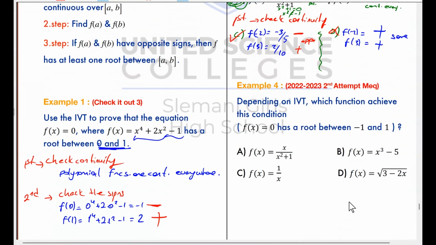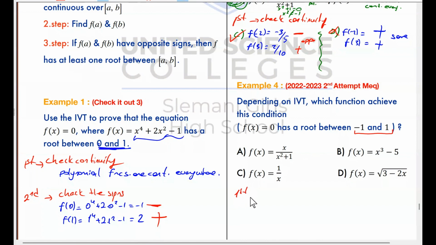Finally, one last question, 2023 second attempt ministry question. Numbers are given. Which function has a root between them? So it means which function is continuous over this interval, and f of negative 1 and f of 1 have opposite signs.